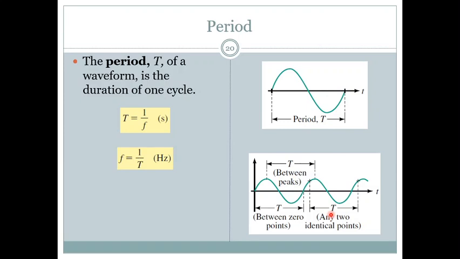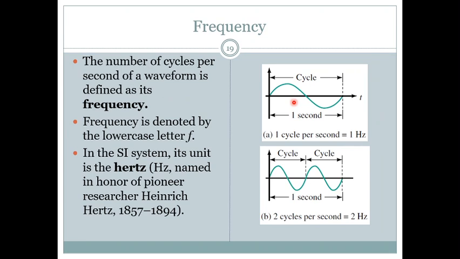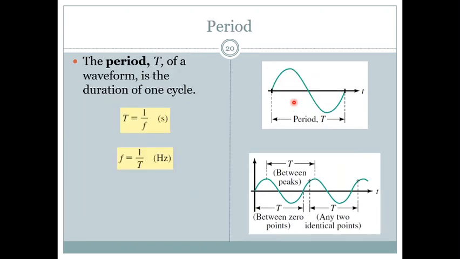Period is actually 1 upon frequency. Frequency is the number of cycles per second, so the period will be given by 1 upon the frequency. The period can be defined from any point to the very next similar point.